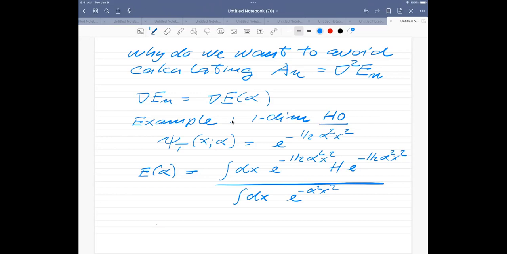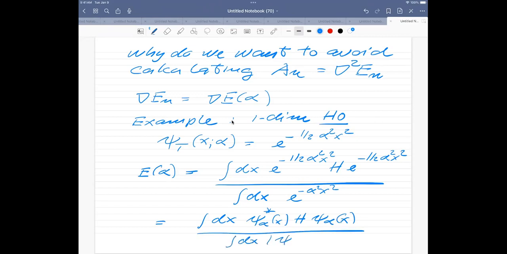Or, to be a little more general in one dimension, it is the integral dx of psi_alpha of x complex conjugate, H of psi_alpha of x, divided by the integral dx of psi_alpha of x squared.